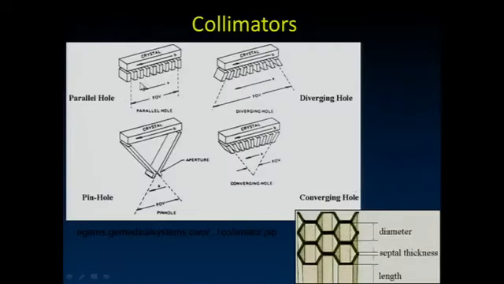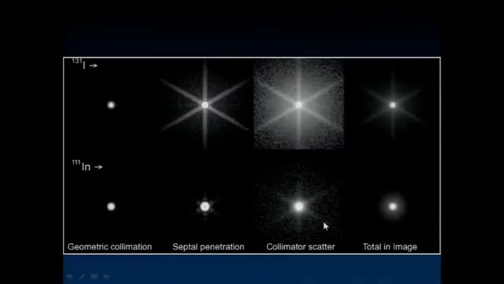We talked about the fact that the collimator is made out of lead, and oftentimes it's made out of these almost corrugated pieces of lead that, when they're stacked together, form these hexagonal holes, if you will. Of course, the higher energy some of these radionuclides are, the more of an issue.